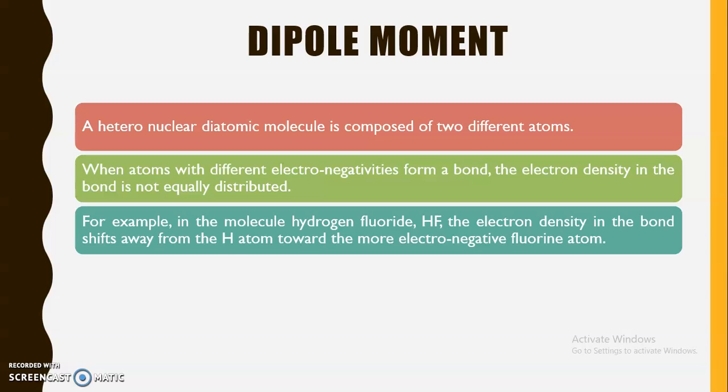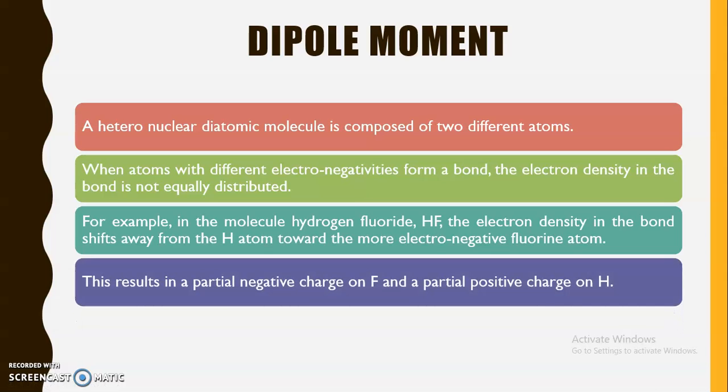So in the HF single covalent bond, the electron density is towards the fluorine, because fluorine is more electronegative. Due to which, what happens? A partial positive charge is generated on the hydrogen atom and a partial negative charge is generated on the fluorine. And due to this difference in the charges, an electric dipole is induced in that particular molecule.